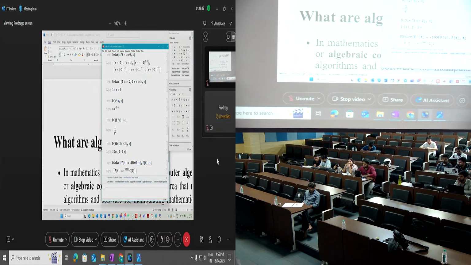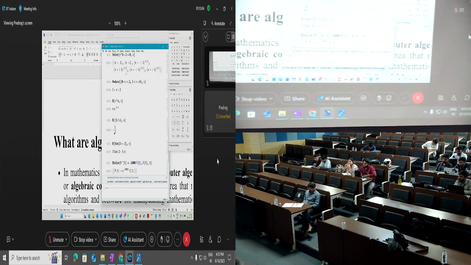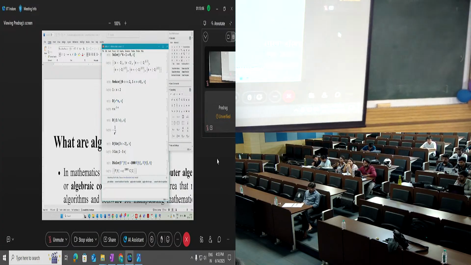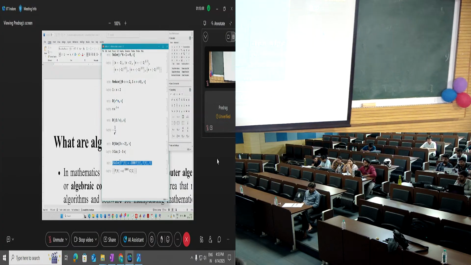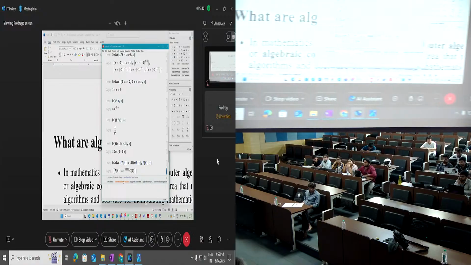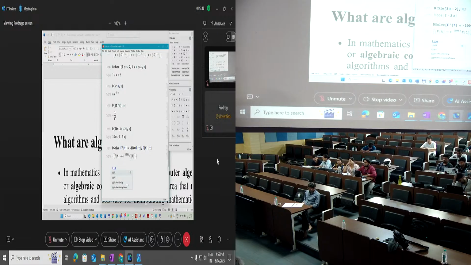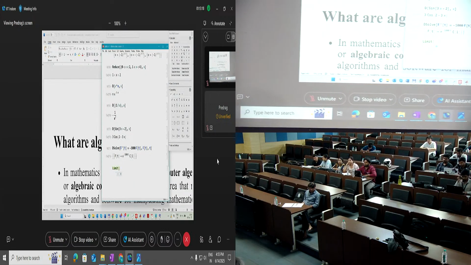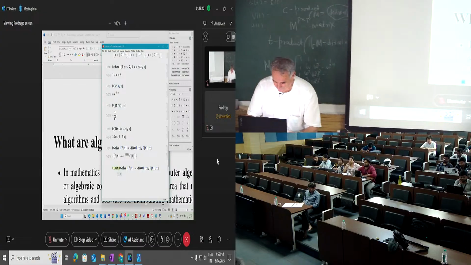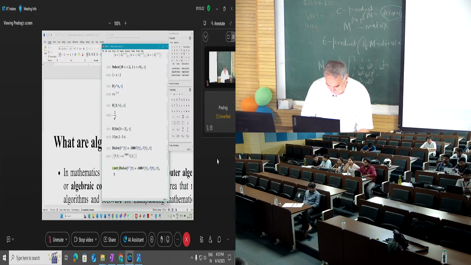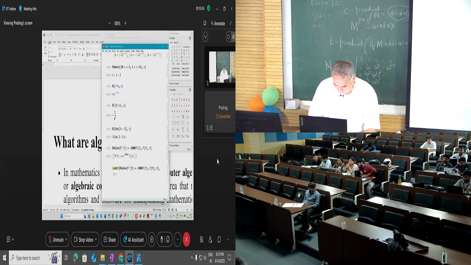Can we ask for a limit? Limit of this as t tends to infinity.